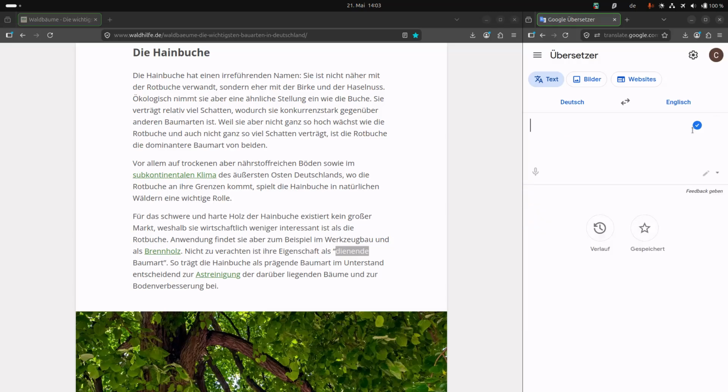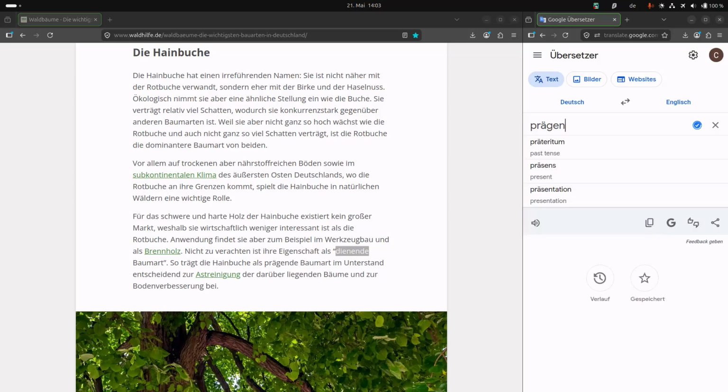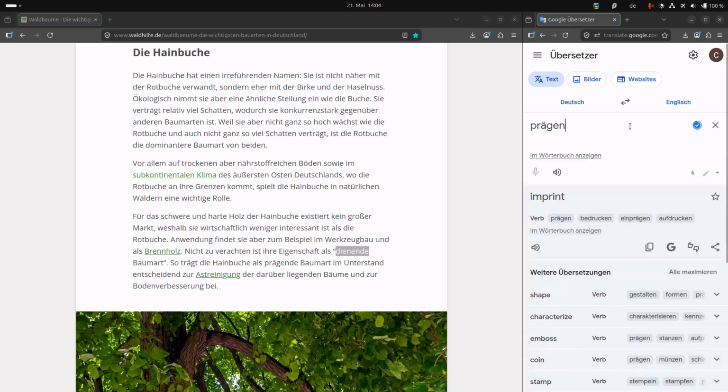prägende. We had that also in some episode where I pulled up a picture, I think. Prägen, which means to imprint, shape, emboss, like with a metal or something, stamping into something until there are lines or whatever you want to stamp into, or rather emboss. It's embossed. And prägend, so this means very characterizing, very much having an impact.